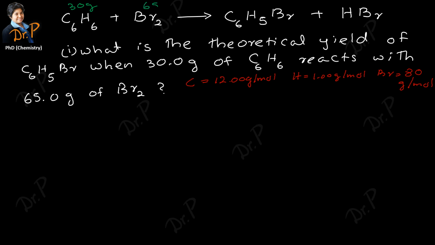When it says theoretical yield, you know that is the amount you expect from this balanced equation, the amount of product you should get. But before going into that, you have to determine what's going to be your limiting reactant.